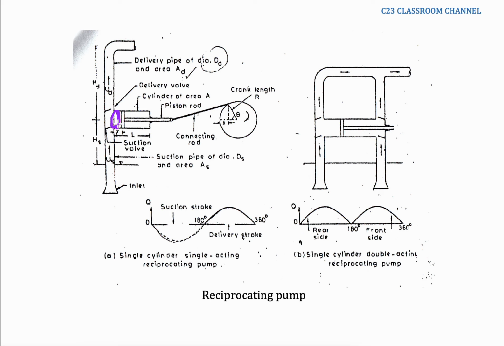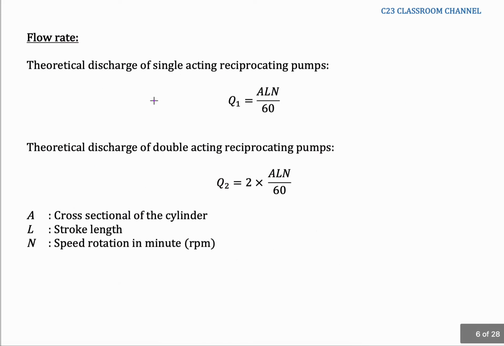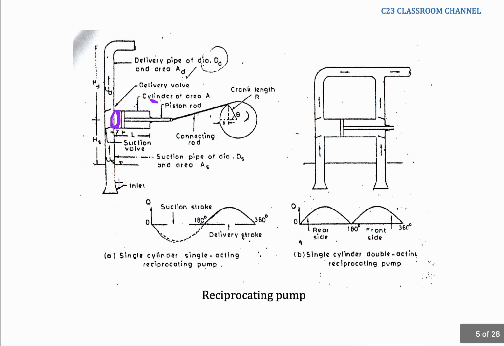You need to calculate it using the diameter of the piston or the inner diameter of the cylinder, as stated here. And then the L here is the stroke length, as mentioned here. The stroke length is actually the distance from the beginning to the end of the chamber of the cylinder. So this is L.